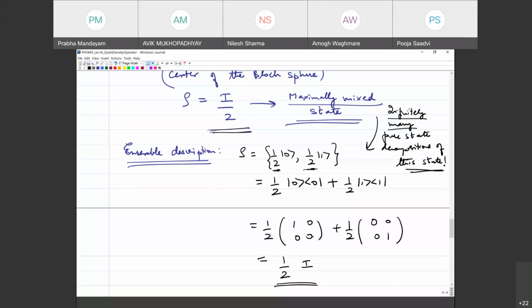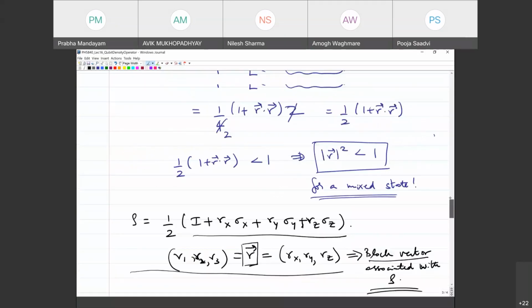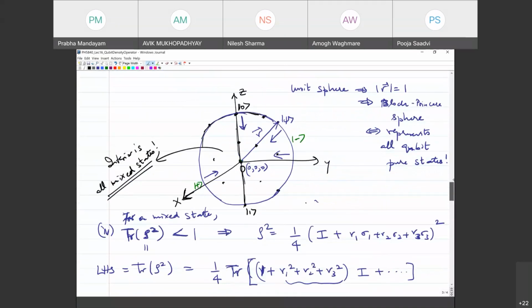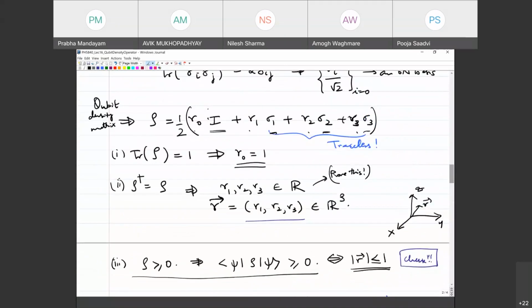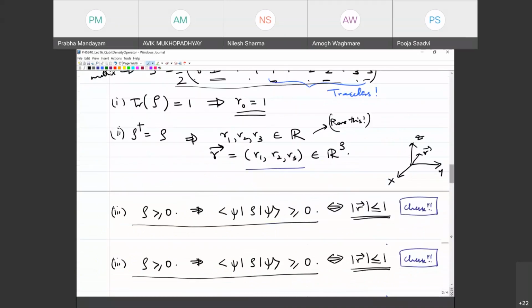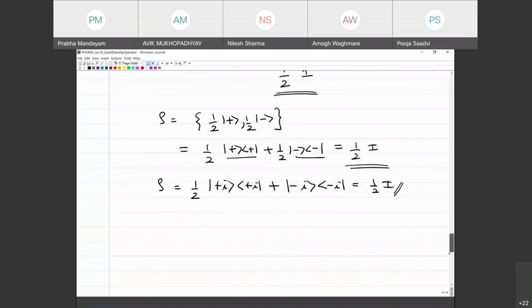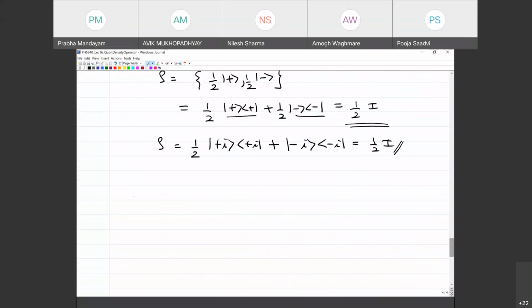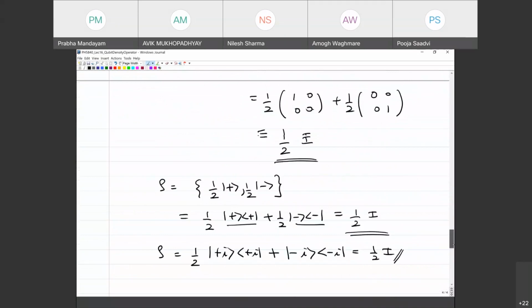And that, of course, comes naturally from the way we have described the density operator in terms of this basis. So anyway, this sort of completes what I wanted to say about the qubit density operator. As always, it takes longer than what I think it should. Any questions?